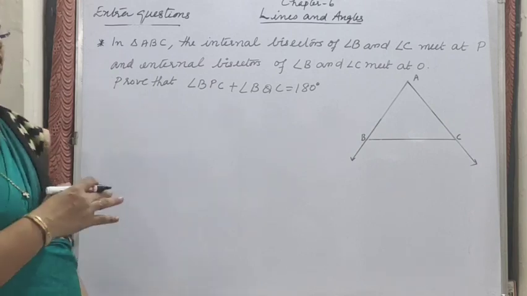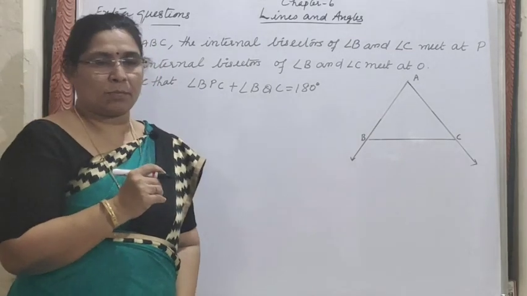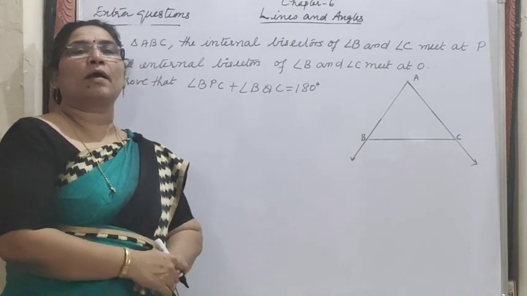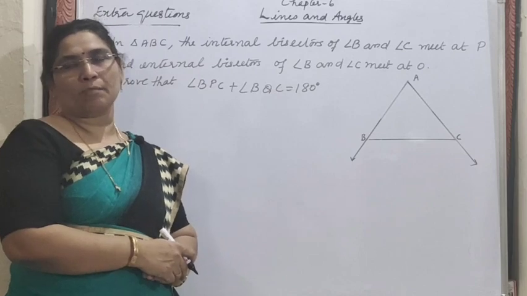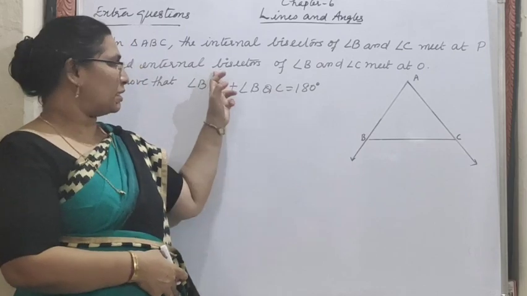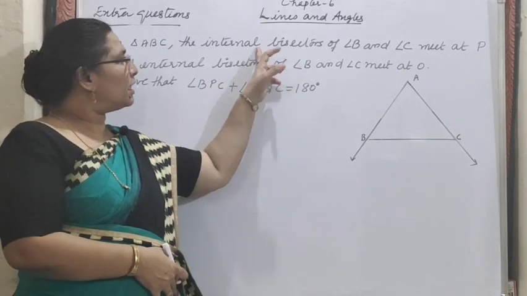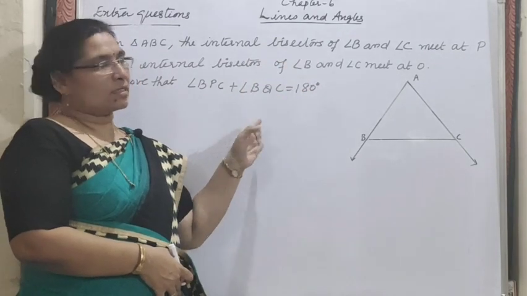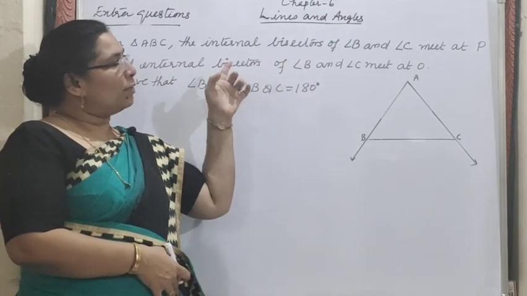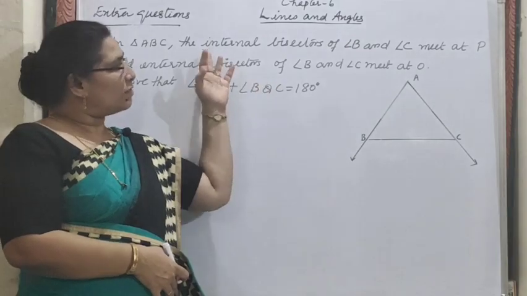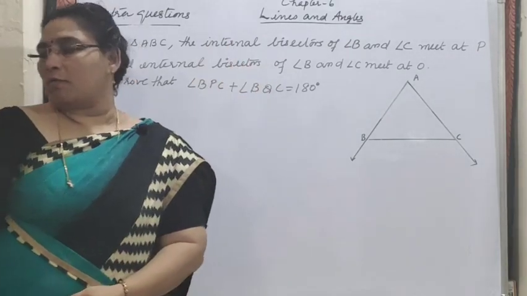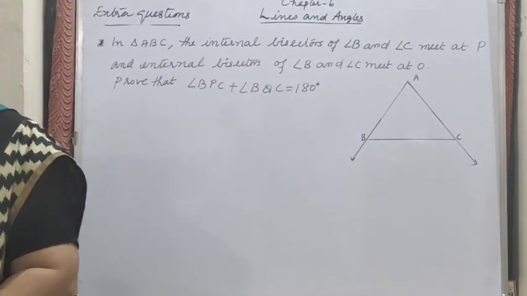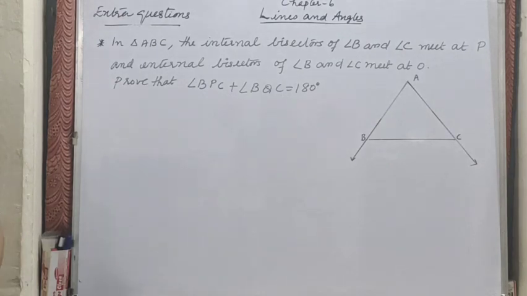Here this question we have to use two theorems because we have already learned in our textbook example for external bisector, and today's class we have studied about internal bisector or last class. So angle B and C meet, I think last class only we have seen that internal bisectors. So while drawing the diagram we can understand this one. So that is the internal bisectors of angle B and C meet at P.